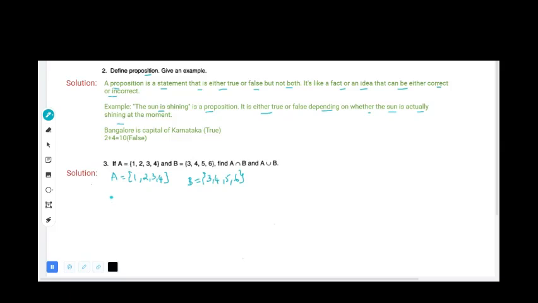So here A intersection B: intersection is nothing but selecting the common elements from the brackets. So we write A is 1, 2, 3, 4, intersection B is 3, 4, 5, 6.